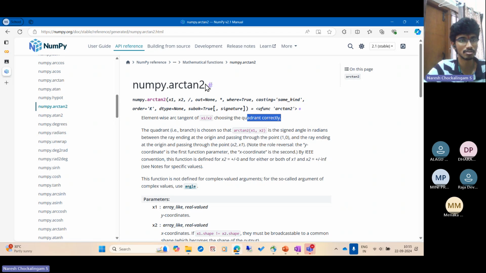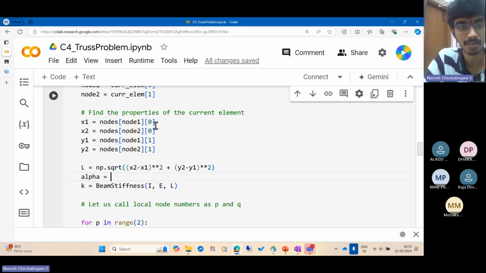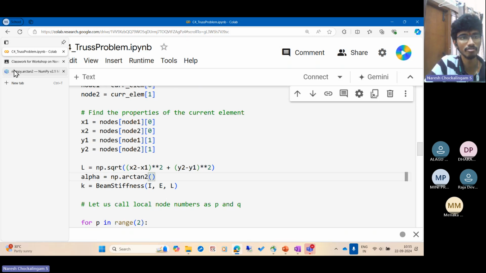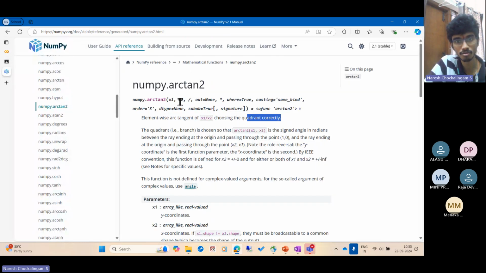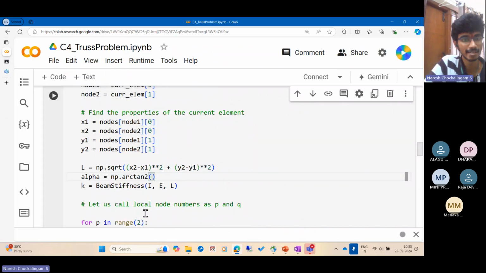Use np.arctan2, which takes two arguments. It returns the tan inverse of the numerator over the denominator, so the numerator comes first and the denominator is the second argument. It returns the result in radians. So what should I put here?